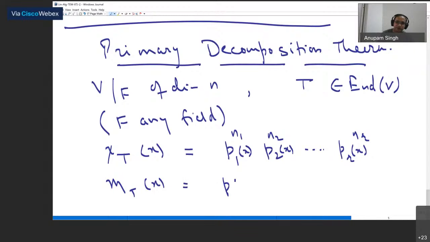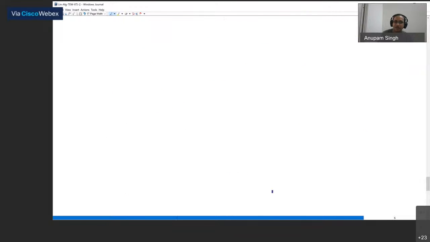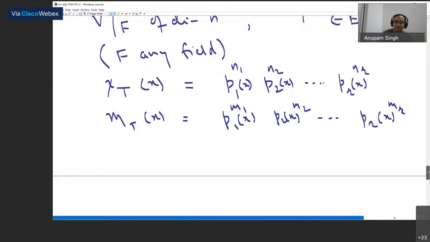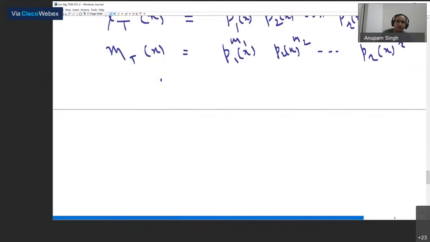So it is P1(x) to the power m1, P2(x) to the power m2, and so on, Pr(x) to the power mr, right? So I have written their factorization as a product of irreducible polynomials, where the Pi are irreducible.